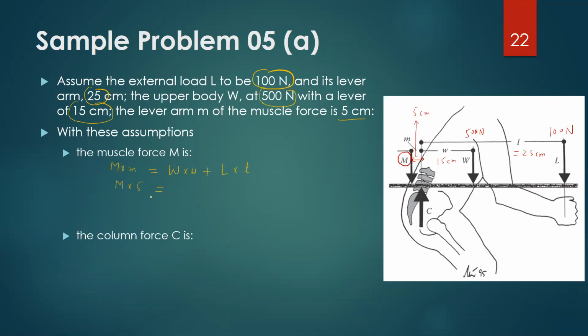That will be equal to the load, which is 100, its lever arm is 25. So this is 2500 clockwise torque plus weight of upper body times its moment arm. So that will turn out to be how much? I hope you are solving. So that is 2000 newtons.